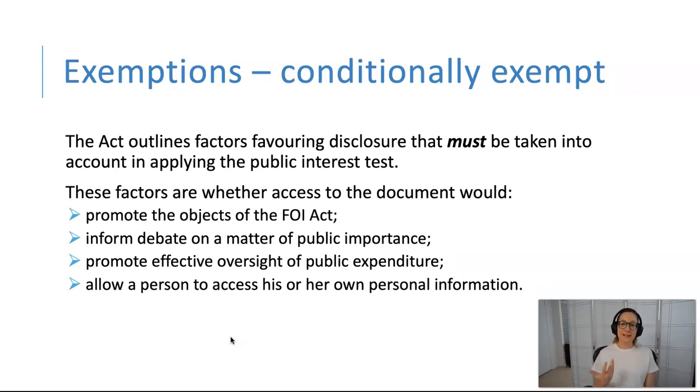So the factors that they must take into account when deciding public interest are whether the access to the document would promote the objects of the FOI Act, whether it would inform debate on a matter of public importance, whether access would promote effective oversight of public expenditure, and whether access would allow a person to access his or her own personal information.